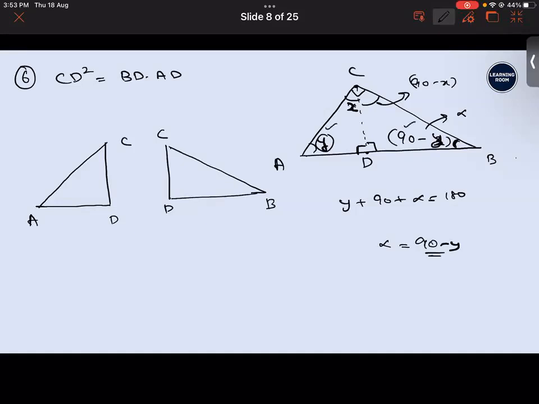But tell me, what is the relation between x and y? Can I say x is equal to 90 minus y? How? Because if you take the right angle triangle ADC, if this is x and this is y, x plus y is 90. So x will be 90 minus y.